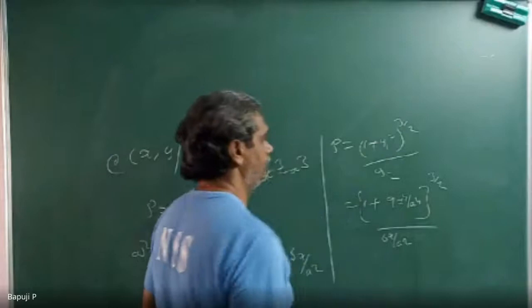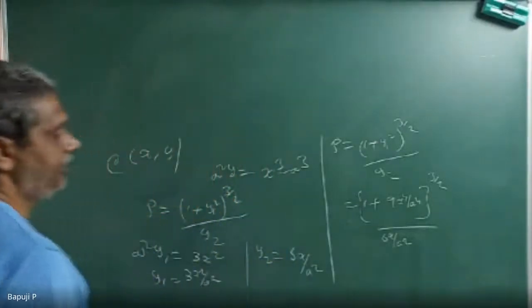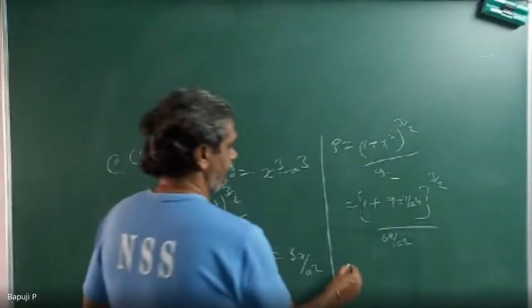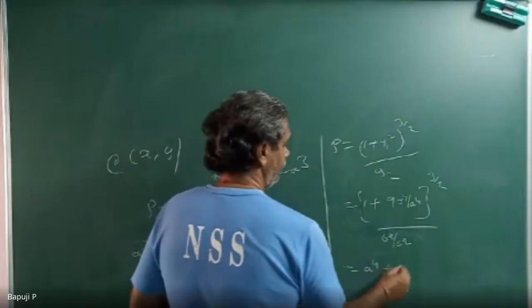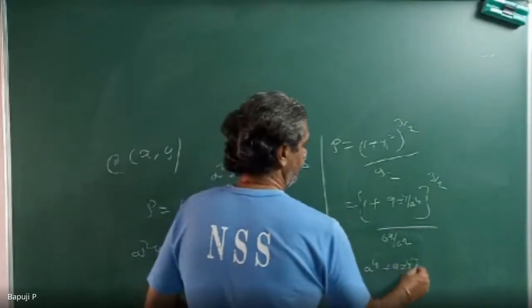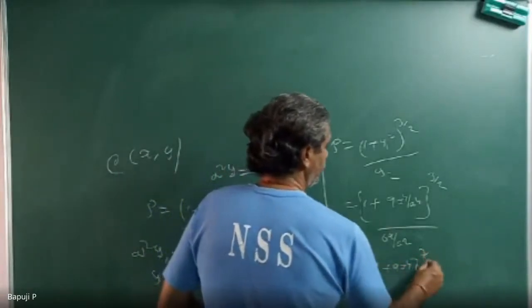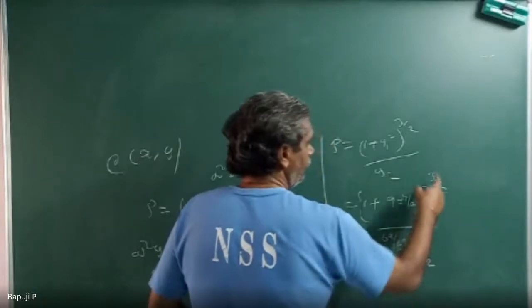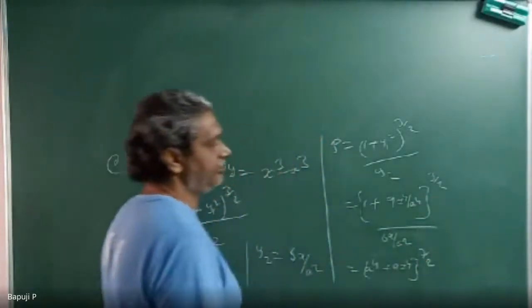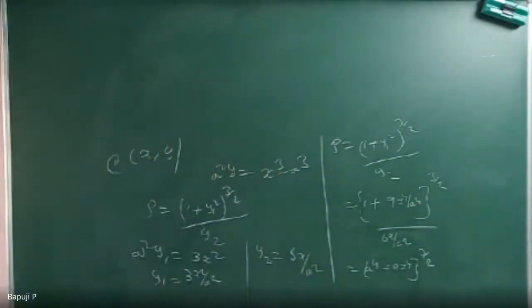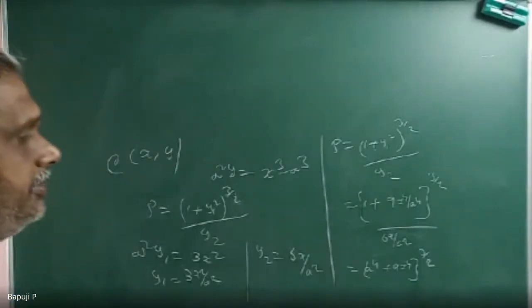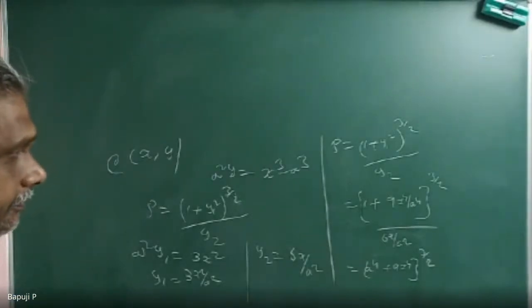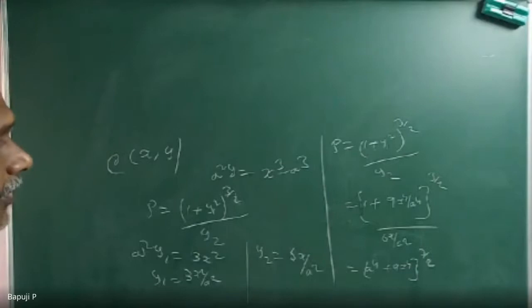Yes. Now simplify. If you simplify, what will you get actually? A power 4, 9x to the power of 4, whole power 3 by 2. This a power 4 whole power 3 by 2 becomes what? A power 6.